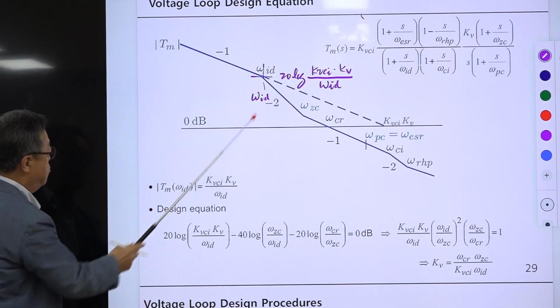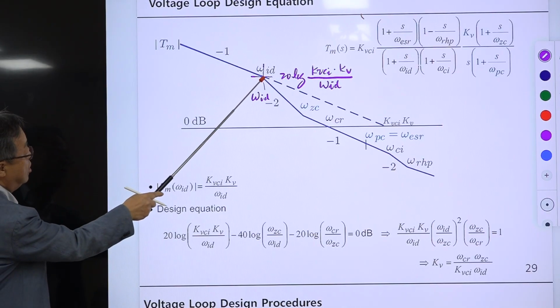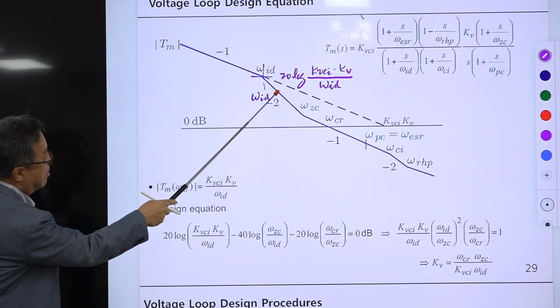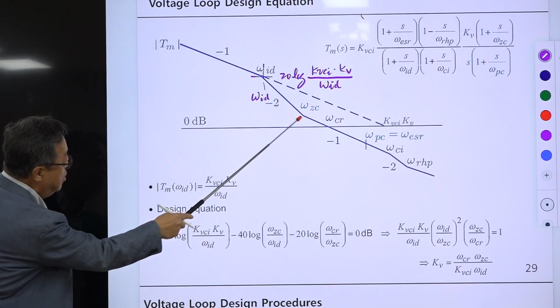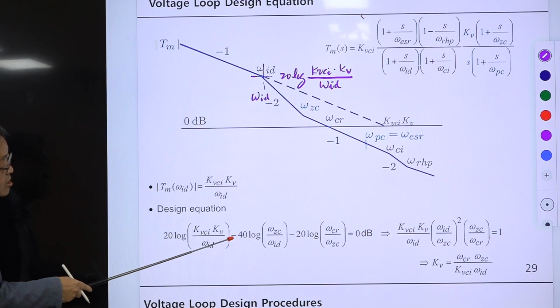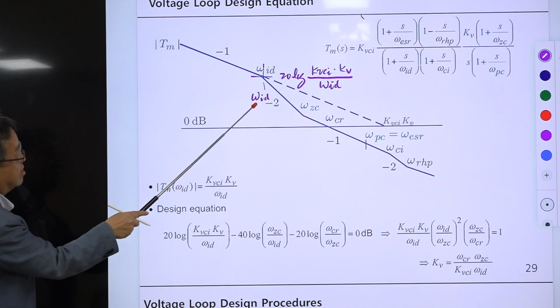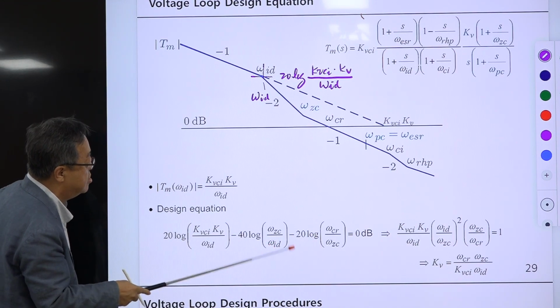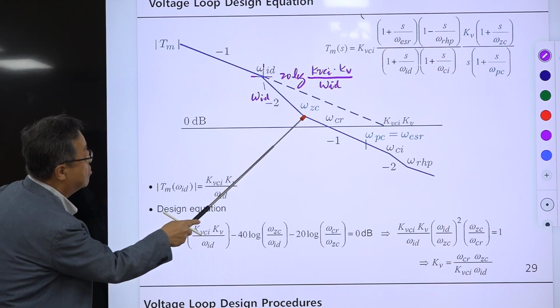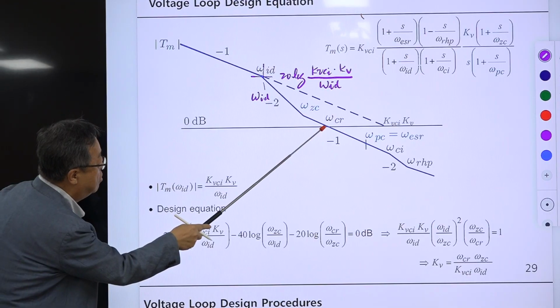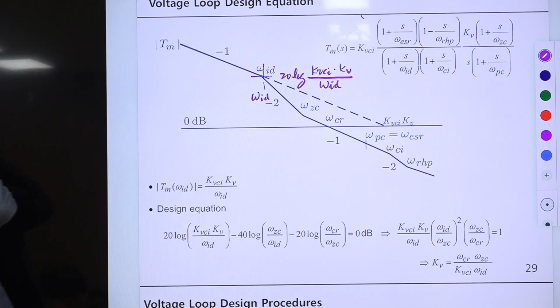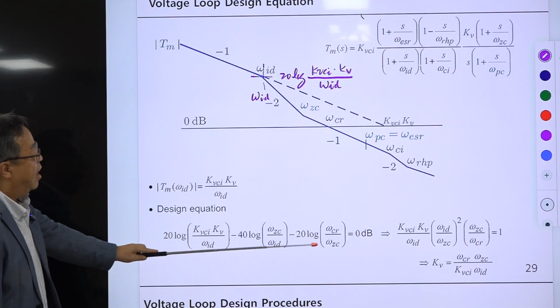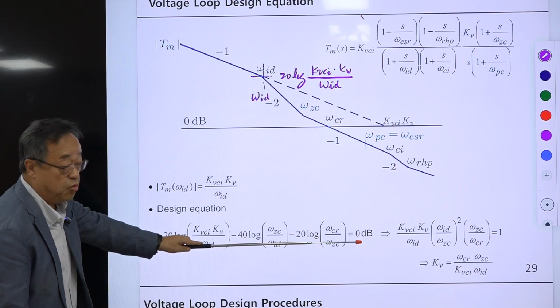This is the starting value at this point, and this line is declining with a -2 slope from this point, 40 dB per decade, with a starting frequency and an ending frequency. So you are here. And from here to there, the slope is -1, so -20 dB per decade. So this is the equation. And this is the 1, so this is 0 dB.